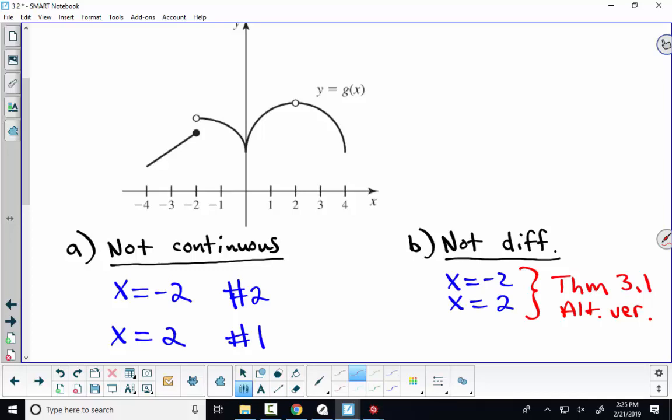At x equals 0, what do y'all think? What happens at x equals 0 on g? The vertical asymptote. Yeah, you have a vertical tangent line. So there are 2 values of x where the function is not continuous, and 3 values of x where the function is not differentiable.